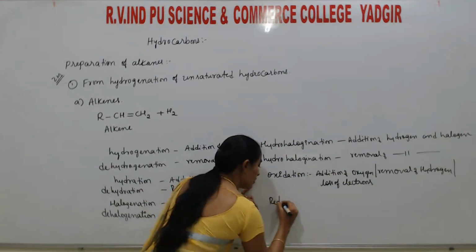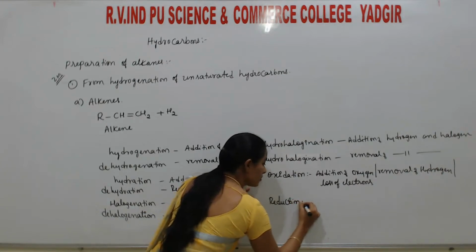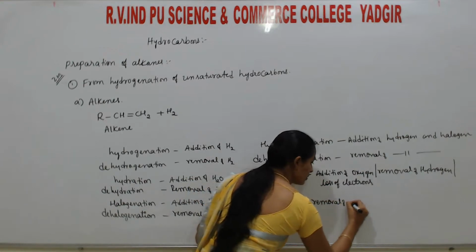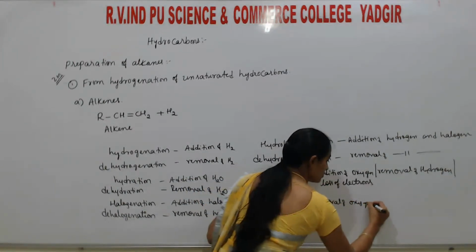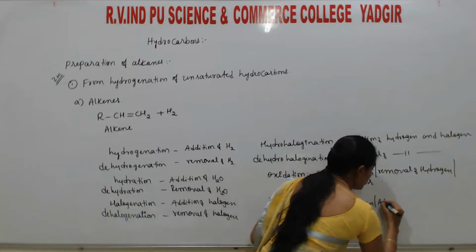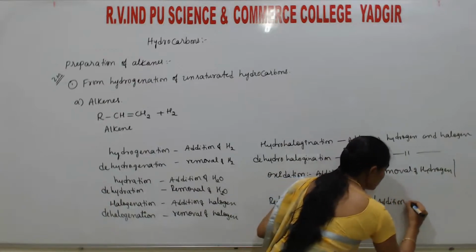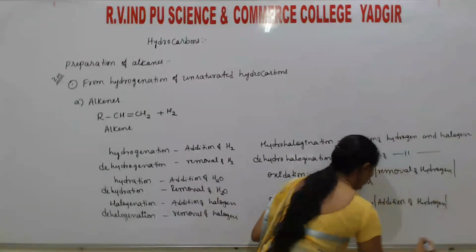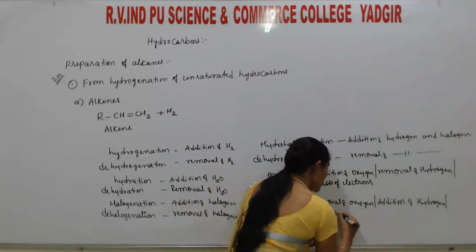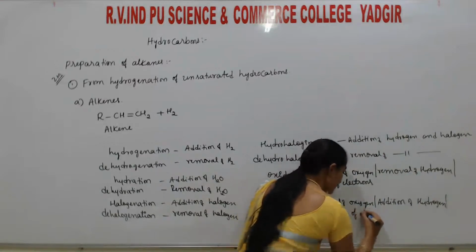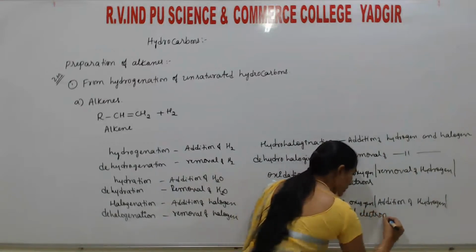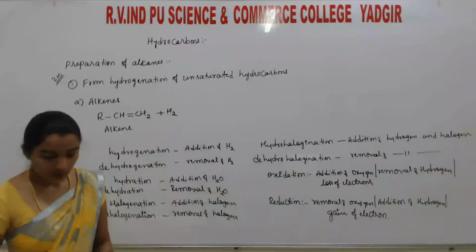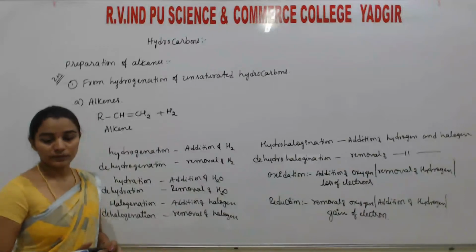Another one is reduction, just opposite to this: removal of oxygen, addition of hydrogen, or gain of electrons. Remember this. These are often used terms in organic chemistry. Don't forget.